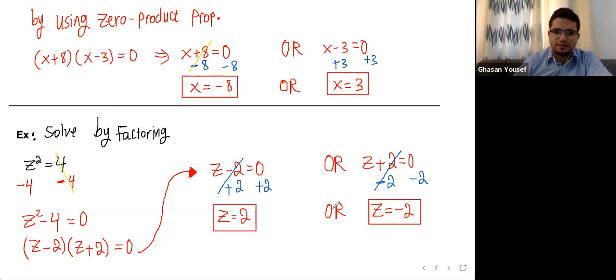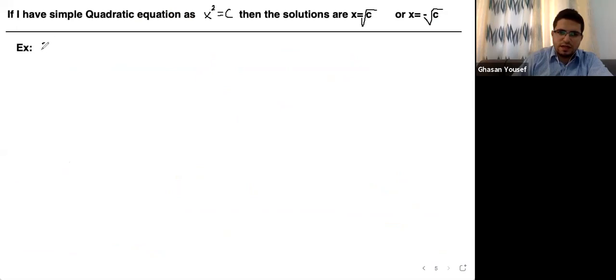We don't have to solve it the long way. We can solve it right away using the property. I have a variable raised to the power 2 equal to a number c, so the variable equals the square root of c or the minus square root of c.